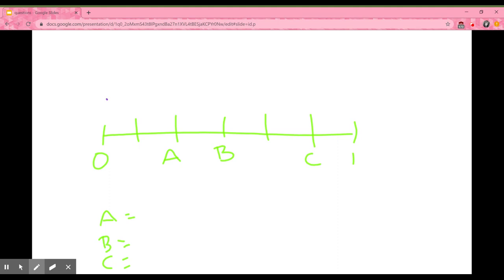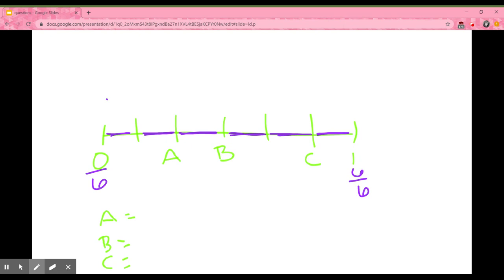So if I were to count the spaces, I have 1, 2, 3, 4, 5, 6. So that means that all of my fractions are going to be out of 6 pieces, which means my one that equals 1 will be 6/6, and the first one will be 0/6, or 0 pieces out of 6 total.